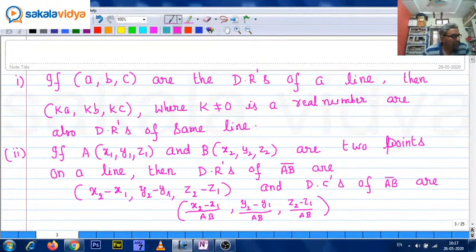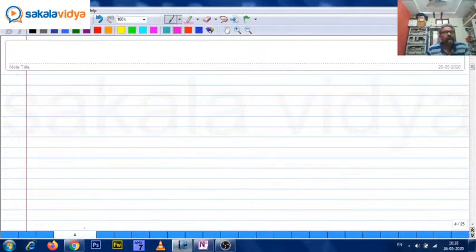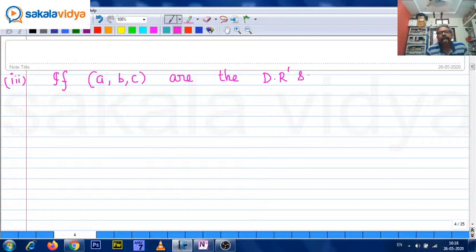Right. So now, next point, third point. If A, B, C are the DRs of a line, if DRs of a line are given, then how to find out direction cosines of a line?